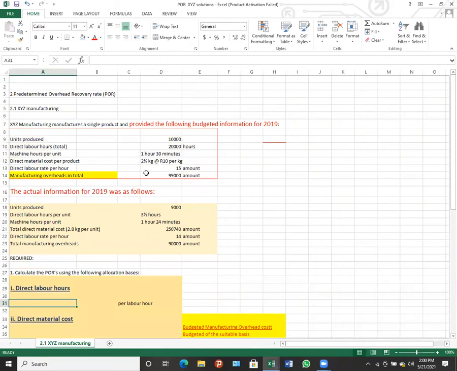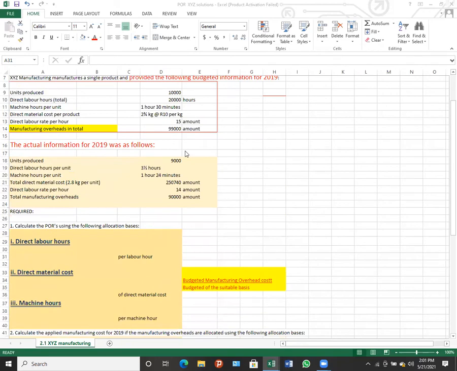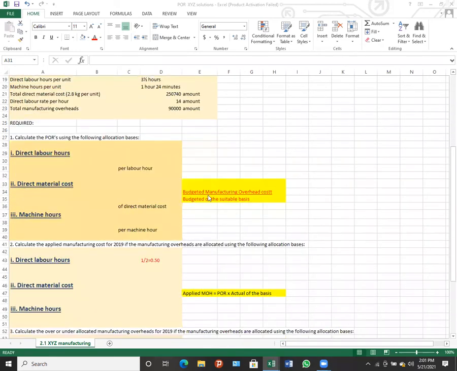Okay, guys. Here we have been provided with the budgeted information and then the actual information. Remember, on the right hand side there's a yellow block with a formula for you.